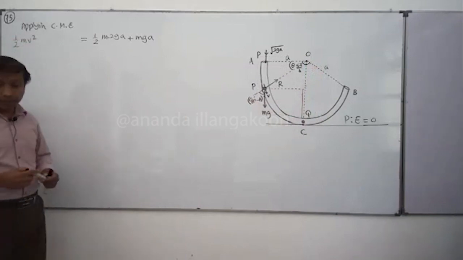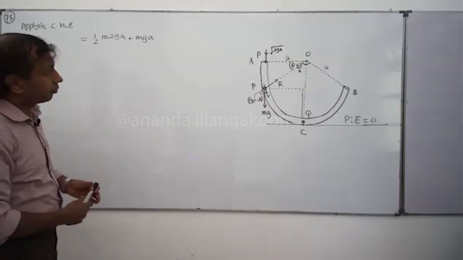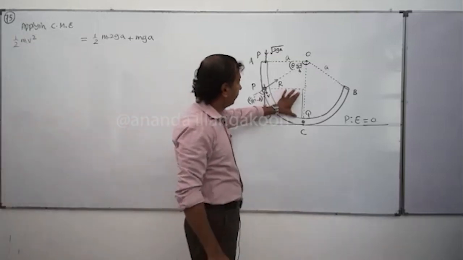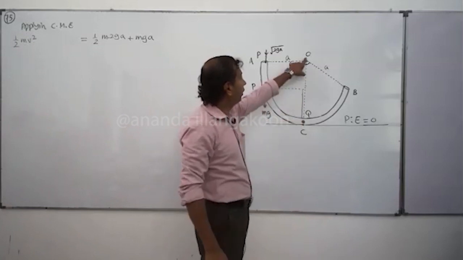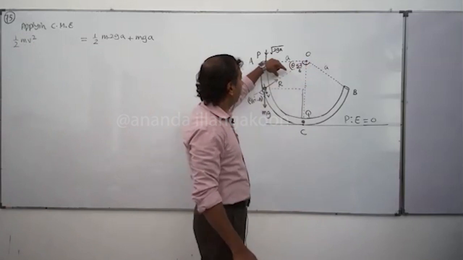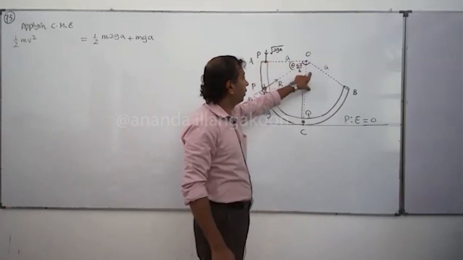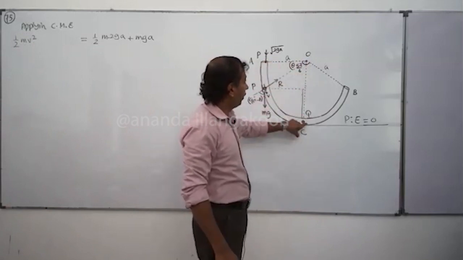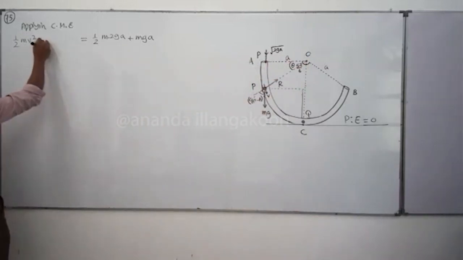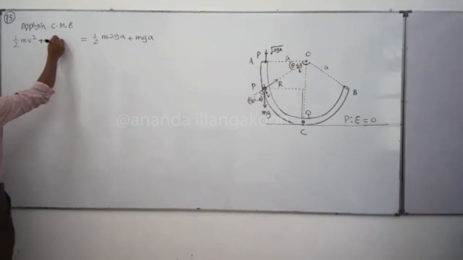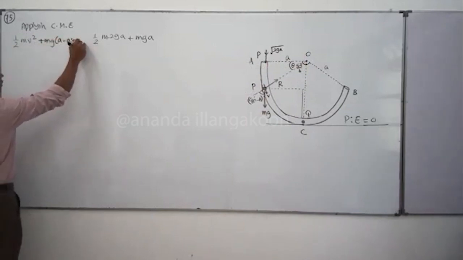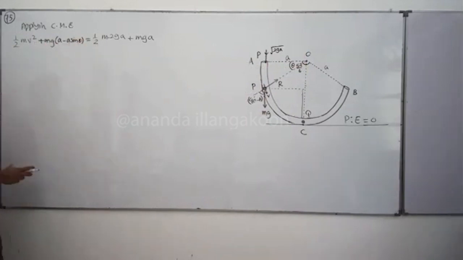For the potential energy we need this height. The whole height is a, this height is a sin theta, so this height is a minus a sin theta. So mg times (a minus a sin theta).